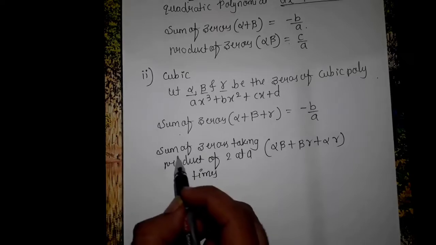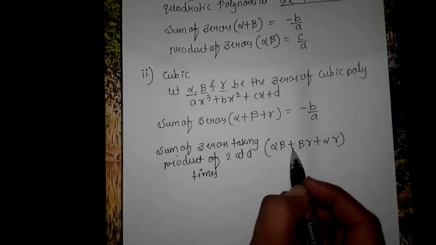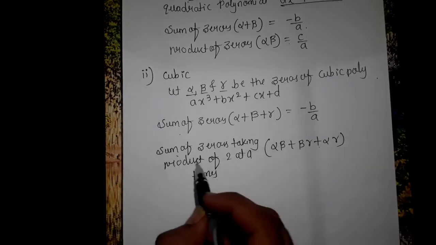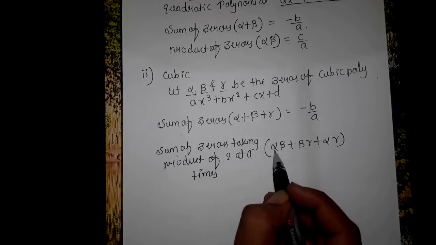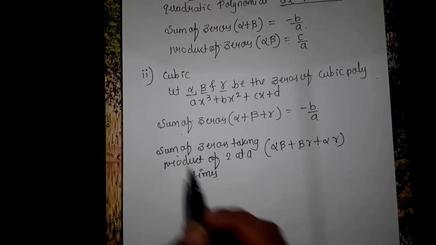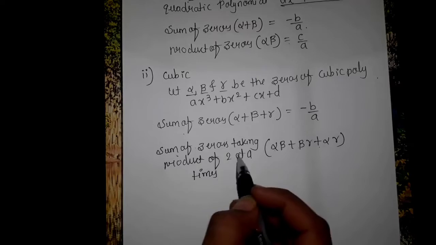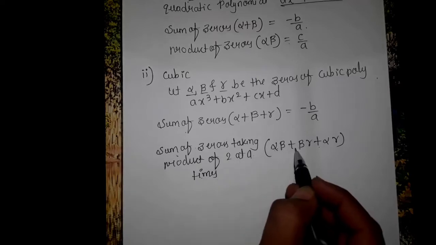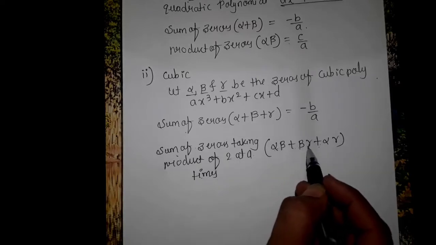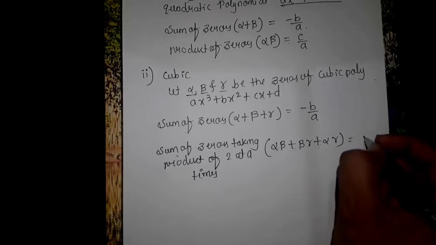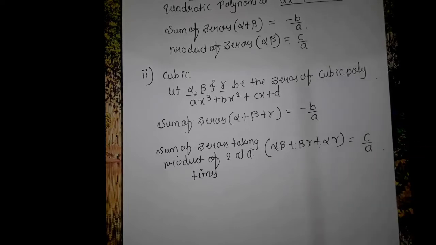Listen carefully. We are taking product of two. It means sum of zeros taking product of two at a time, that is equal to c by a.